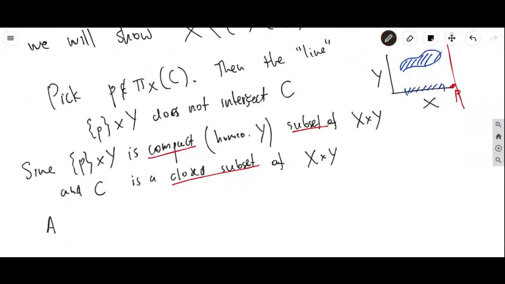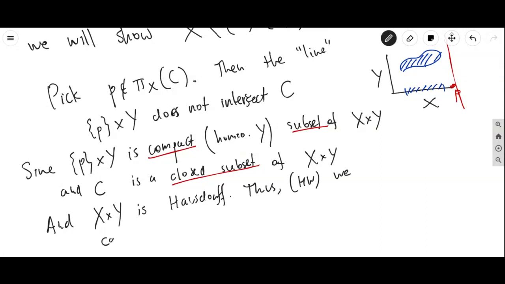And X times Y is Hausdorff. Thus, this was a homework problem on the previous assignment, we can separate these two sets by open sets.